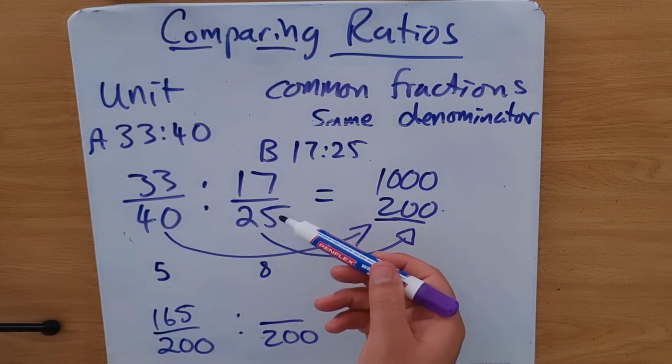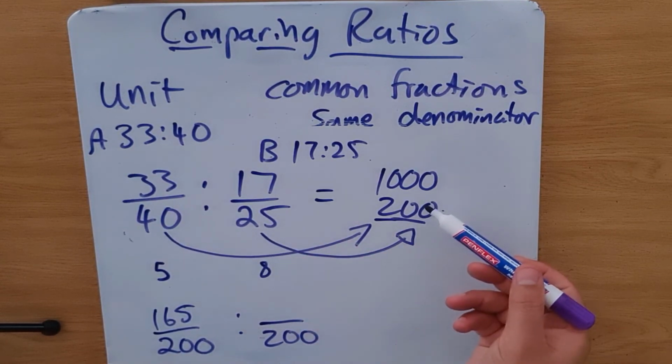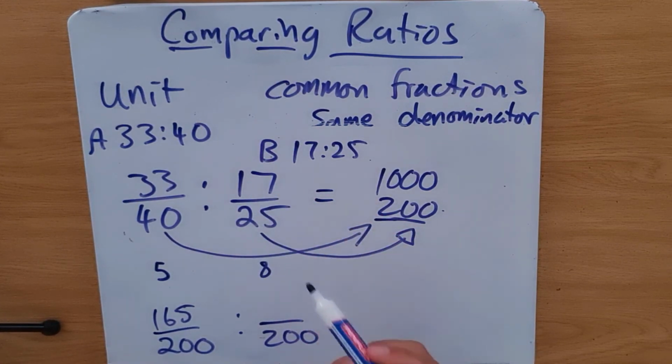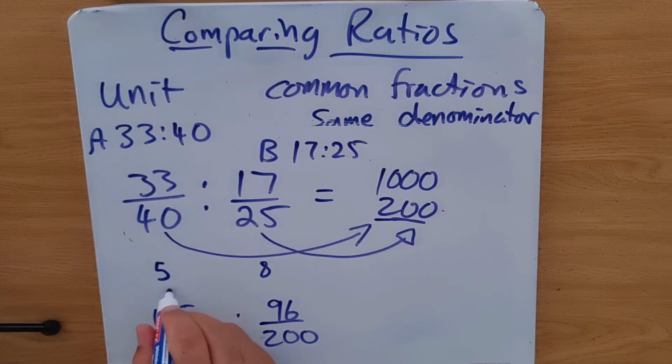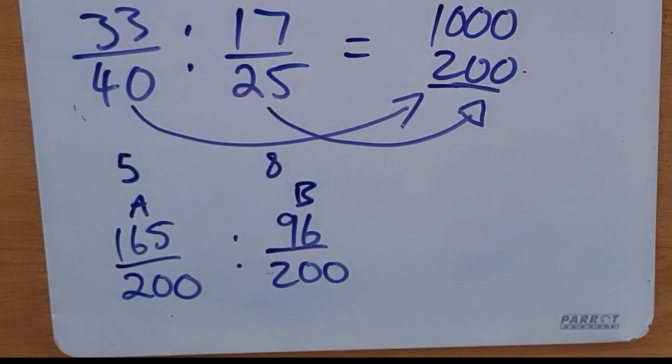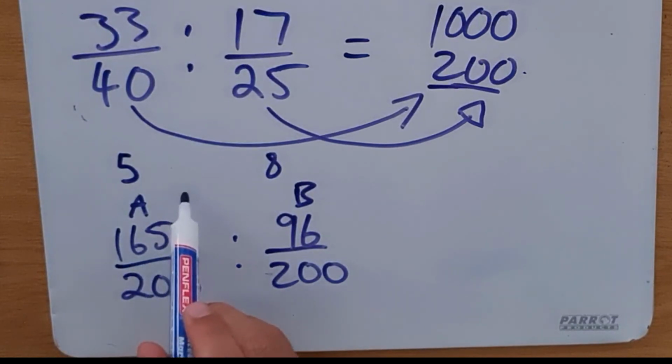On this side, I multiplied 25 by 8 to give me 200, so I need to multiply 17 by 8 and that gives me 96. So this, ladies and gentlemen, is school A. This is school B. And now that we have common fractions, we can see which one has the highest ratio.